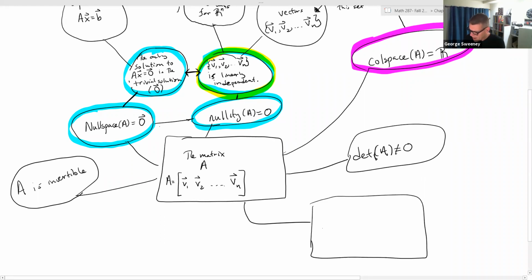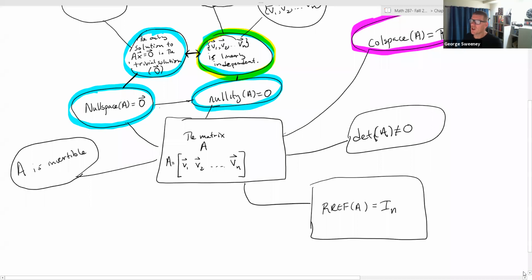The RREF of A is equal to the identity, I_n. It row reduces to the identity. That's it.